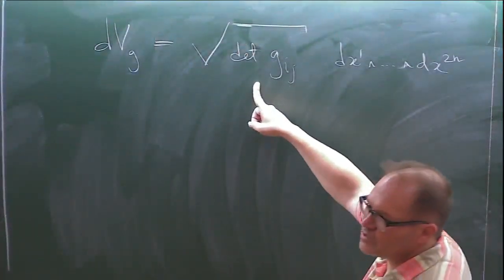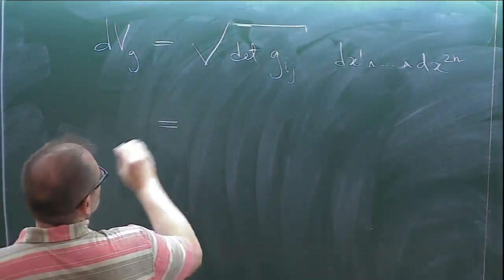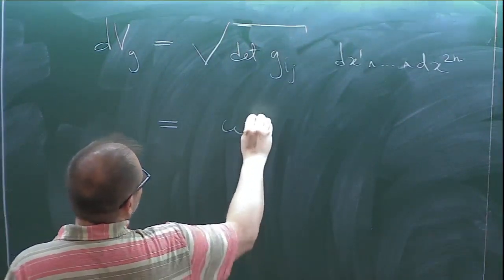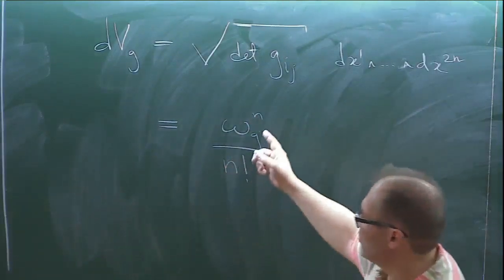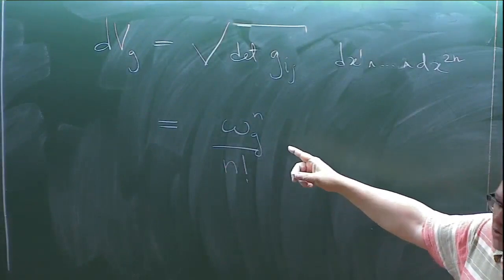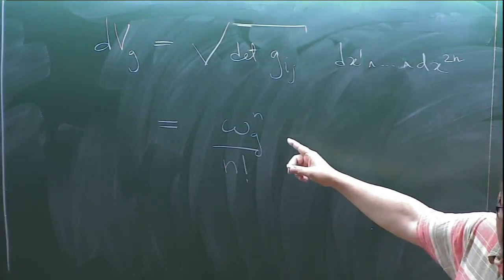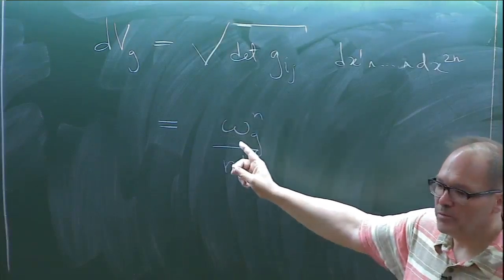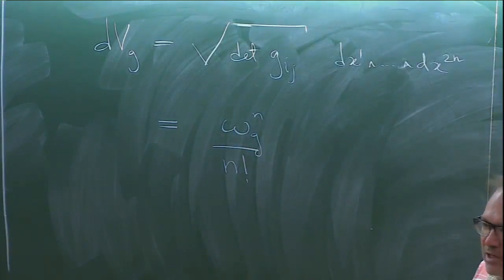So when you take this square root, good things should happen. And in fact, that does happen. This is actually equal to omega_g to the n over n factorial. This is the nth wedge product of this form. So you always get a volume form for a complex manifold just by having the metric form. You don't have to take any square roots. And that greatly simplifies many things.